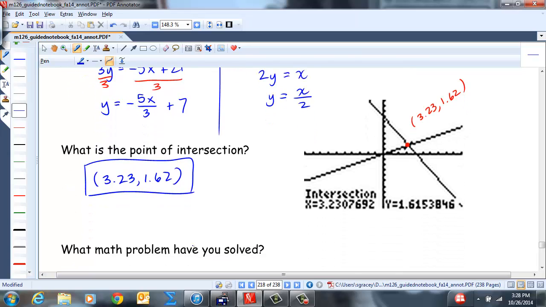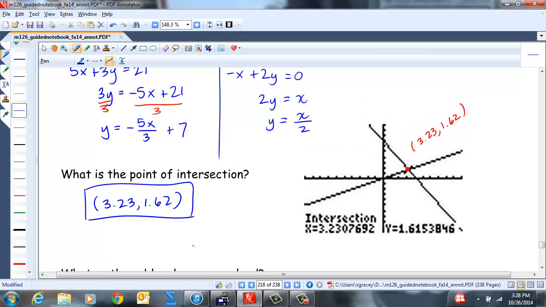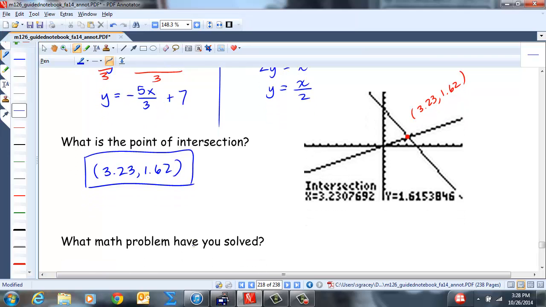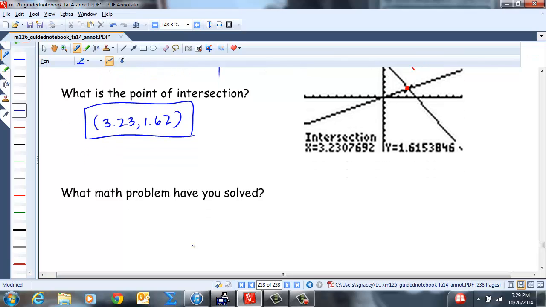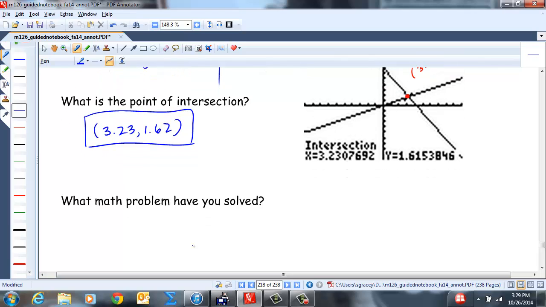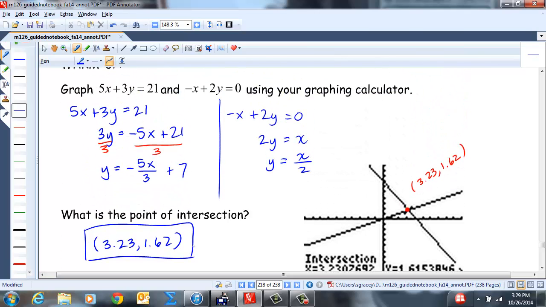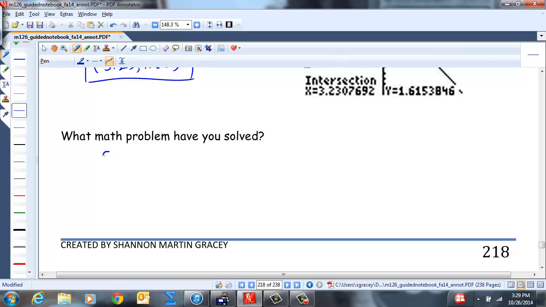And then what math problem have we solved? Well, I'm not sure if you remember way back when. You might have had these all the way back in introductory algebra. But basically, if you look at our original equations, we have 5x plus 3y is 21, and then we had negative x plus 2y is equal to 0.